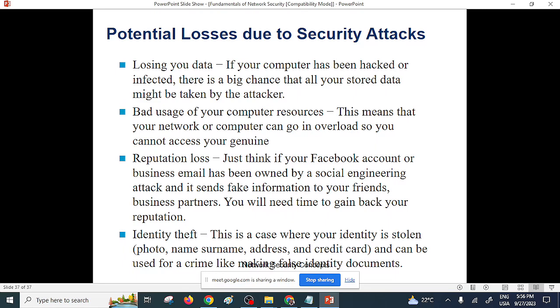Reputation loss, that's a repeat. Identity theft, you have heard about that, right? So these are the kinds of losses that can result from security attacks, right? So that is just a simple introduction to network security, what you should be able to do, and the countermeasures. We are going to look at them next.